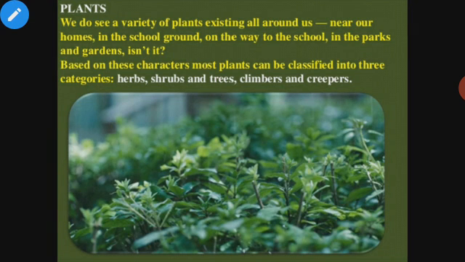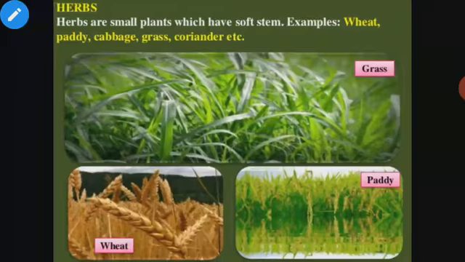According to size or the nature of the stems, plants can be divided into herbs, shrubs, trees, creepers, and climbers. Let us discuss one by one what are herbs, shrubs, trees, and climbers.